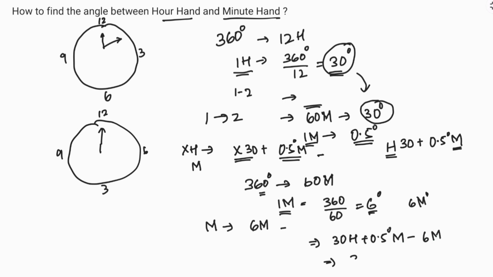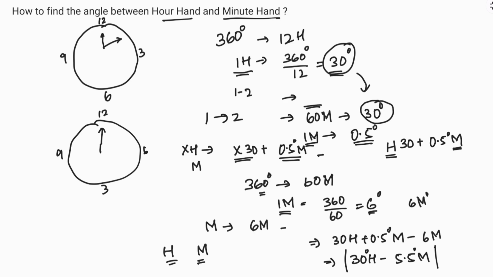Now if you calculate it, it will be 30h minus 5.5m. So if my time is at h hours and m minutes, then the angle between my hour hand and minute hand is 30h minus 5.5m. Now this is in degrees, so it will always be positive. So we'll take the modulus of this value.